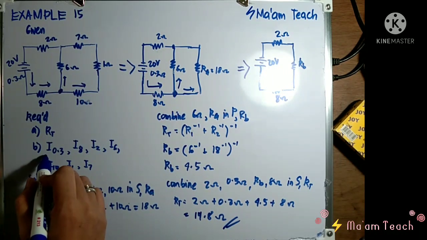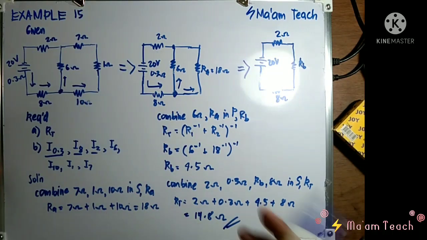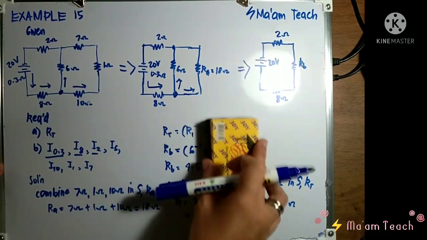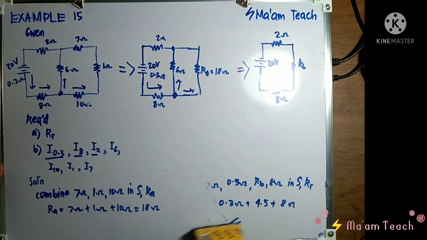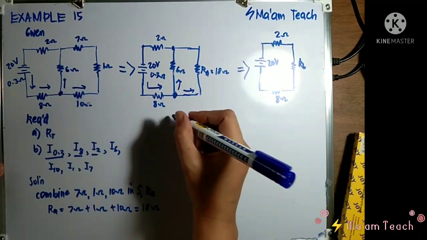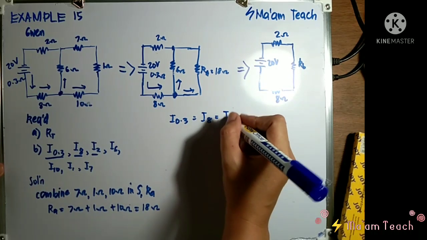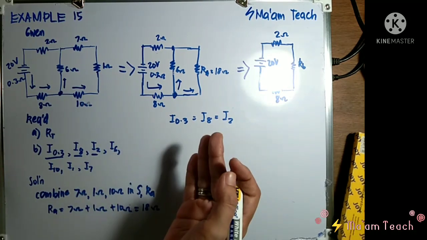So for I sub 0.3, I sub 8, and I sub 2, they will be equal. Okay, can I erase this, class? I will erase this. I sub 0.3 equals I sub 8 equals I sub 2. Okay, they are equal. So how are we going to solve for it?